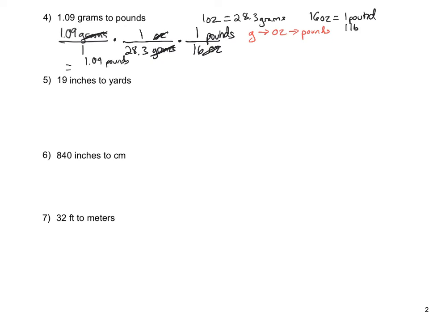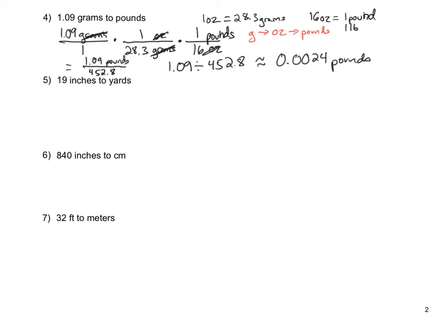And then 1 times 28.3 times 16, which is 452.8, no units in the denominator. So to finish that off, we're going to do 1.09 divided by 452.8, which is approximately equal to 0.0024 pounds.